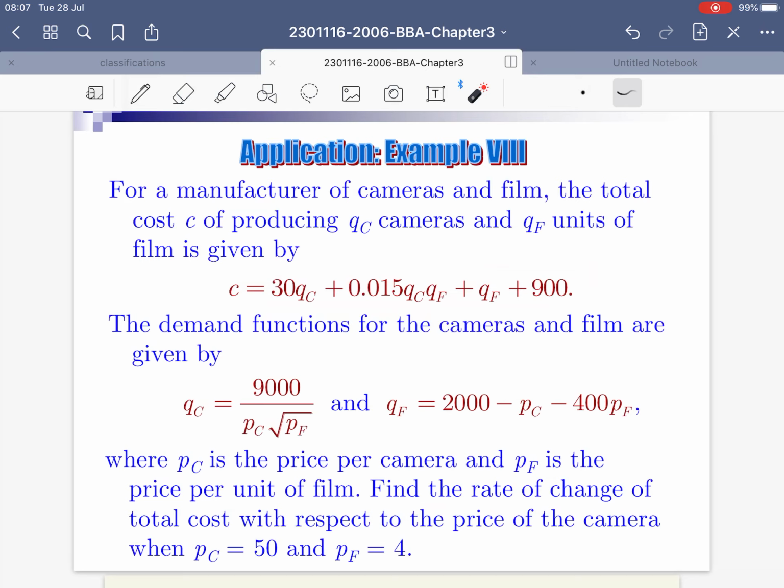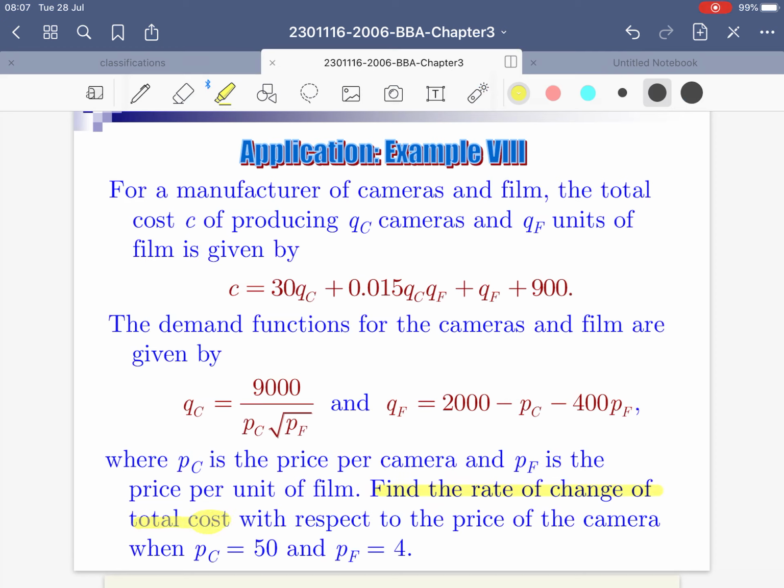Of course, QC and QF depend on the demand, which depends on the price of each item. For example, your QC is given by 9000 over PC times the square root of QF. However, your QF, the demand for the film, is 2000 minus the price of the camera minus 400 times the price of the film.